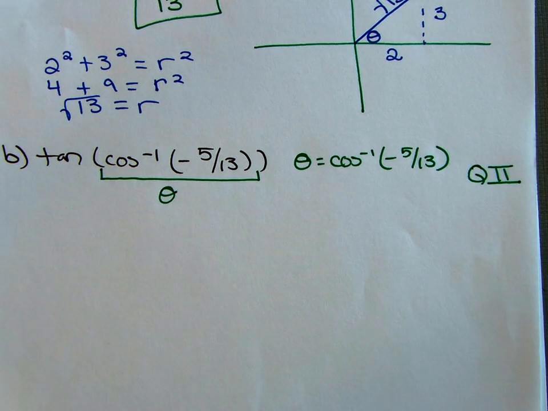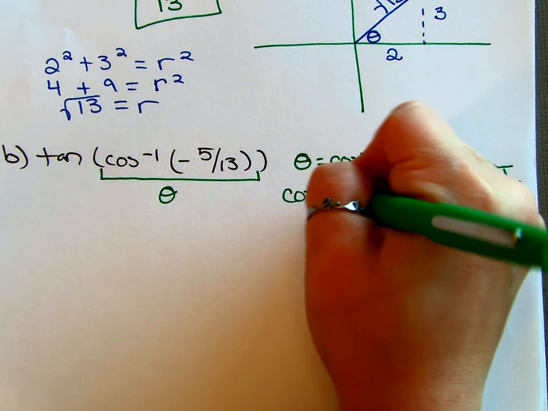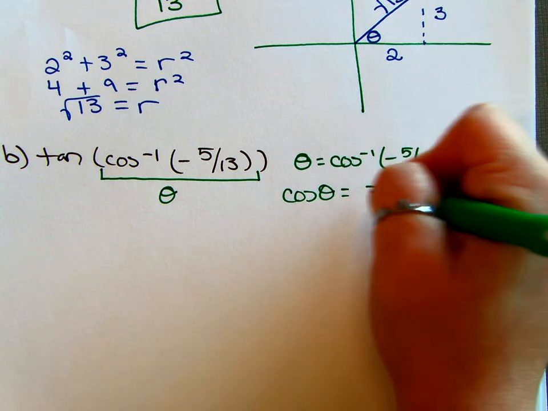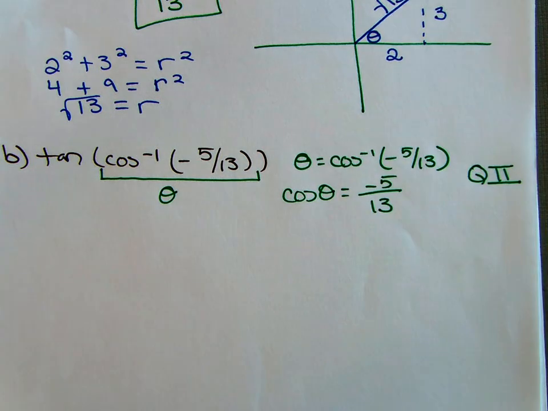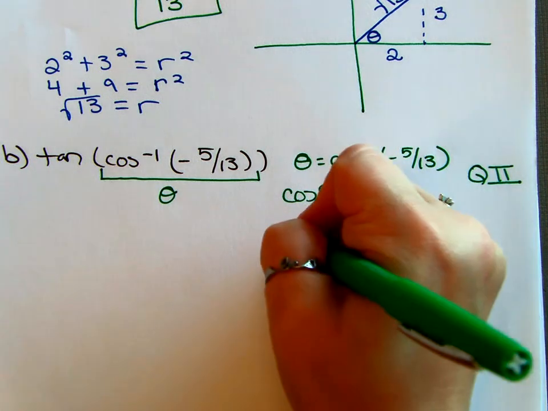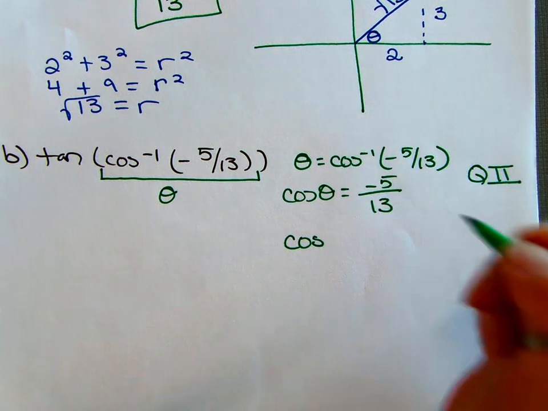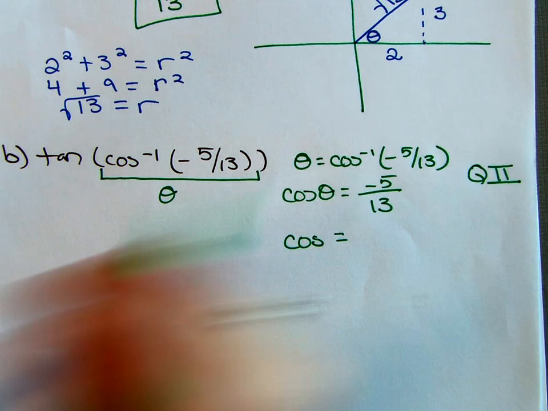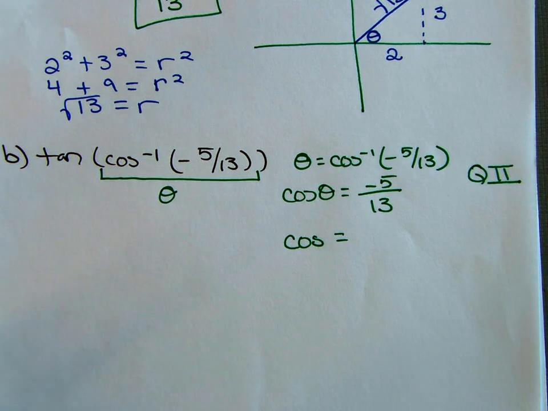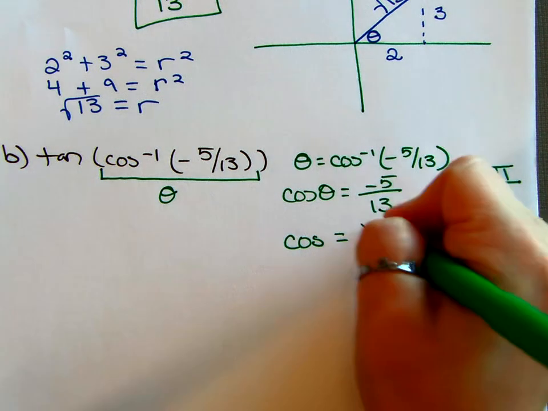And we're going to have cosine of theta then equals -5/13. And cosine is what over what in terms of x, y, and r? X over r.